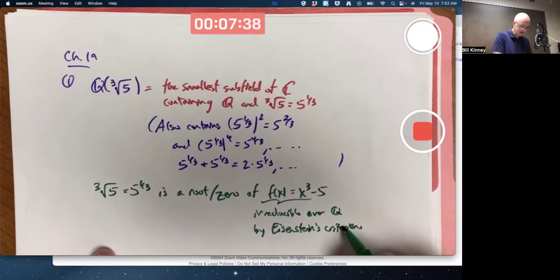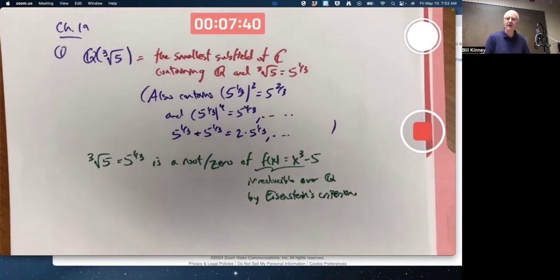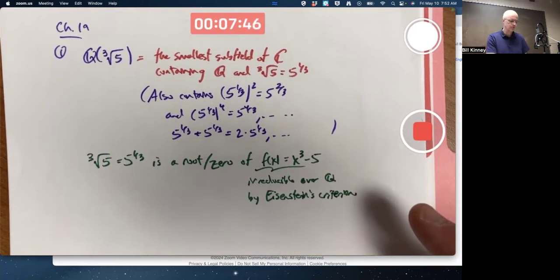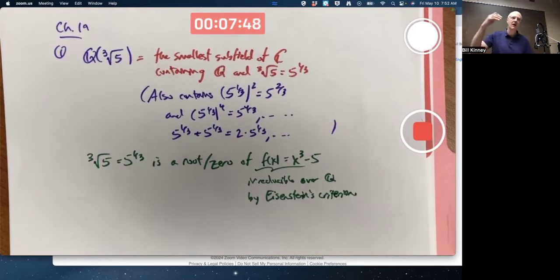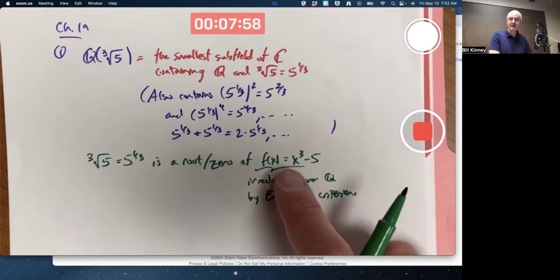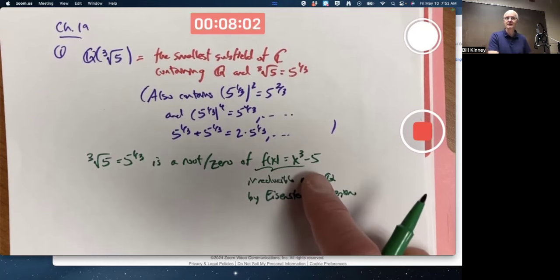What did Eisenstein's criterion say? If you've got a polynomial with integer coefficients like this does, 1 is the coefficient of x cubed, -5 is a constant term, all the other coefficients are technically zeros. And if you can find a prime p that does not divide the leading coefficient, but it does divide all the other coefficients.